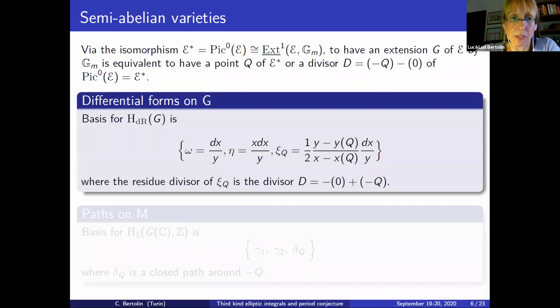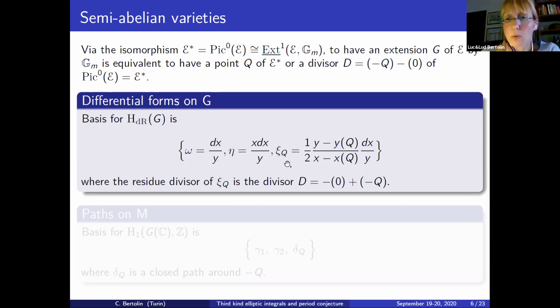The de Rham homology of such an extension has basis omega, which is dx over y, and eta, x dx over y, which we see are the basis of the de Rham homology of an elliptic curve.